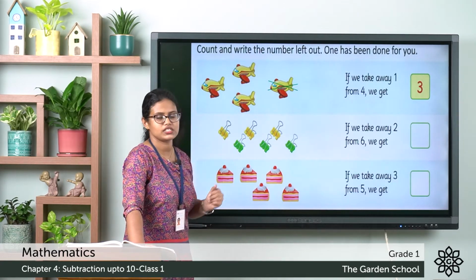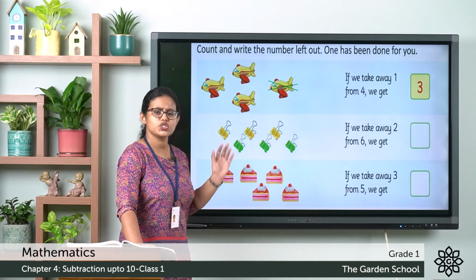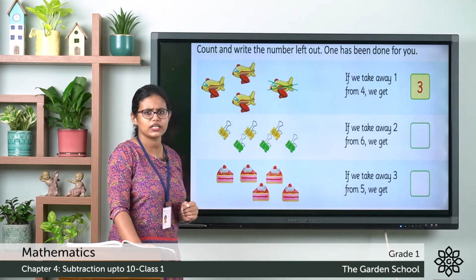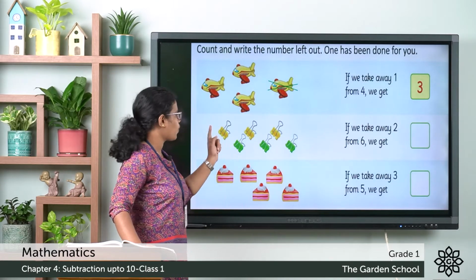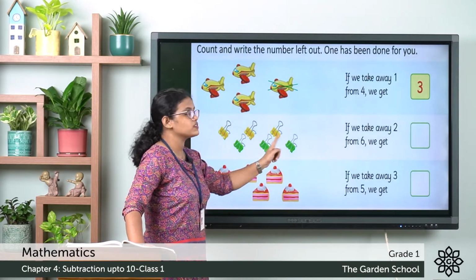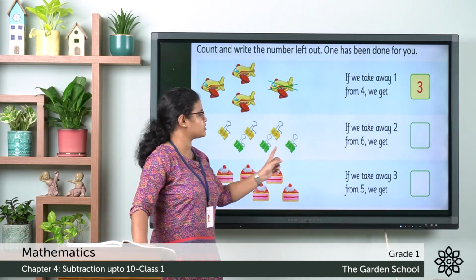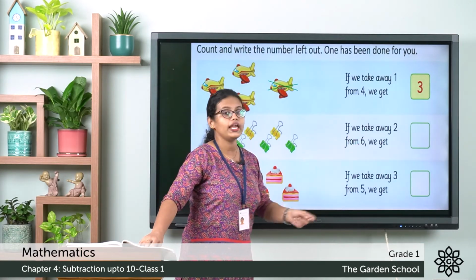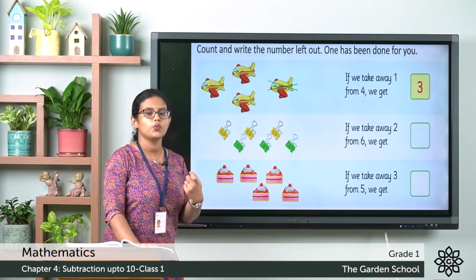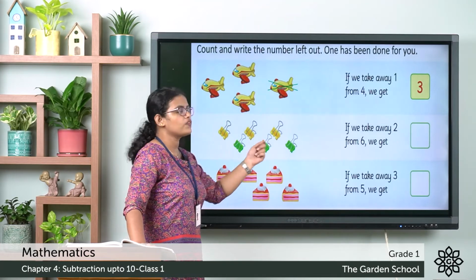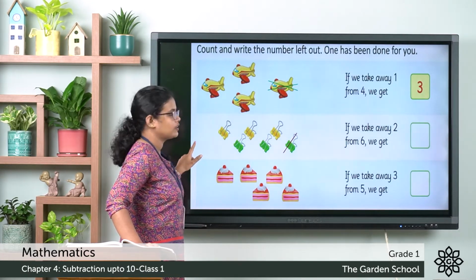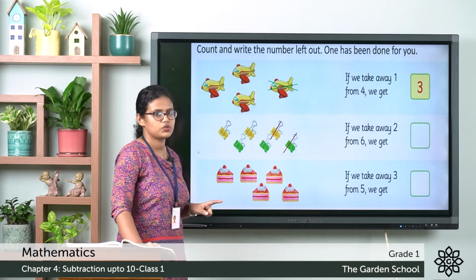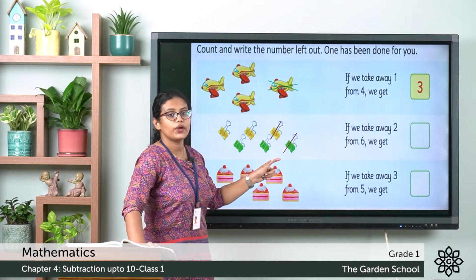See, here you can see paper clips. So just count and see how many paper clips are there. There are 6. 1, 2, 3, 4, 5, 6. So see the question. If we take away 2 from 6, so I took away 2.